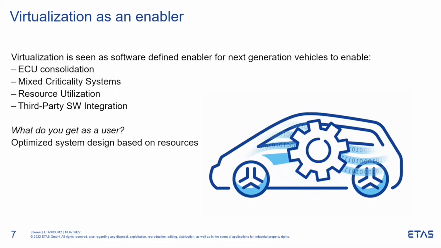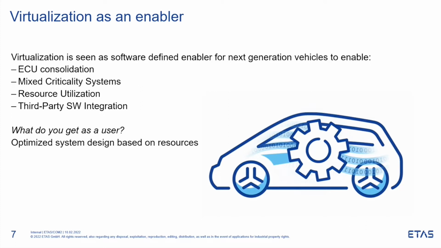Then we also have the third-party software integration. Currently, we have several software vendors which contribute towards an automotive ECU, and virtualization offers the option to support independent software update cycles for each of these VMs without a need for recertification, such that we can retain component level safety and security standards.